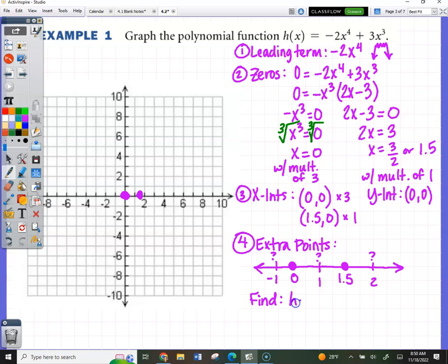I'm going to find h of -1, h of 1, and h of 2. Those were the numbers I picked. Now you go to your calculator. Please, please, please put -1 in parentheses.